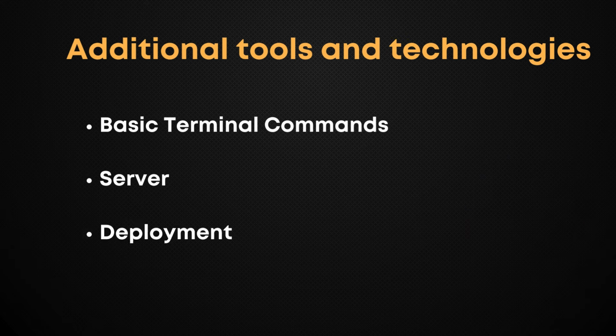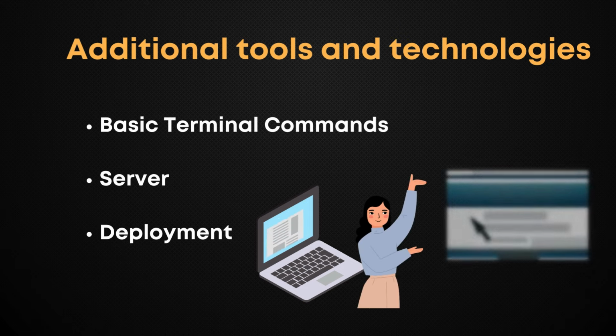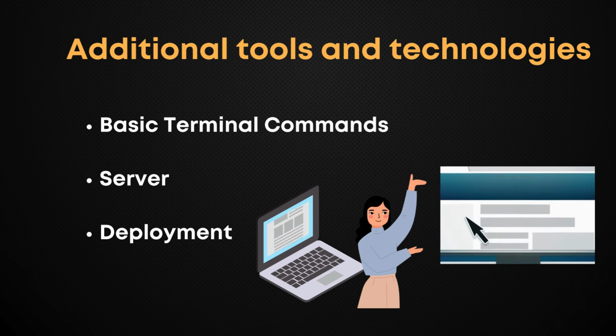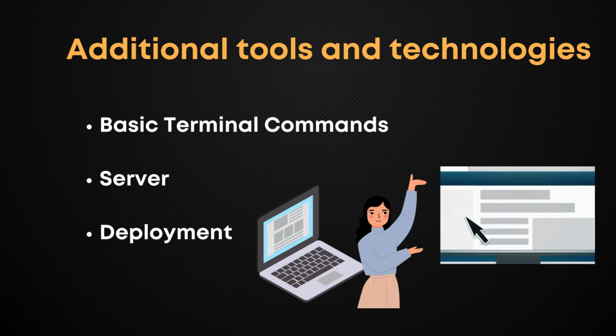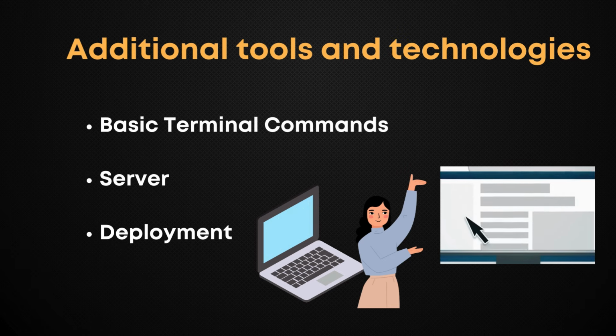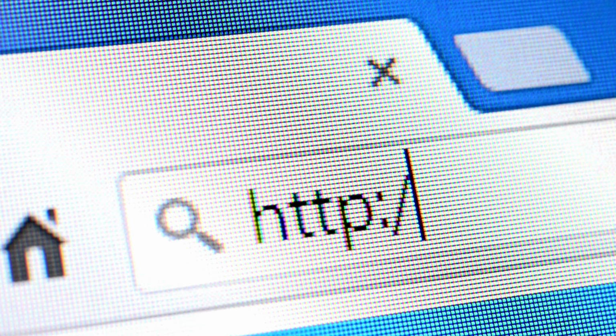We need to be aware of deployment. So when you are building the projects, they will work only on your laptop or computer. How can you show this to other people? Will be through deployment. Deployment is the process of making your web application or software available for others to use. Like, we can all access Google website using the link google.com.